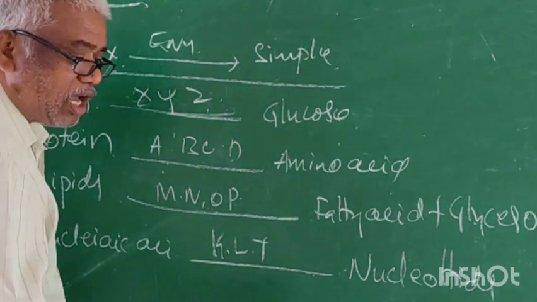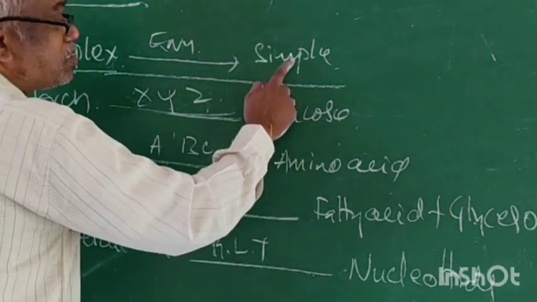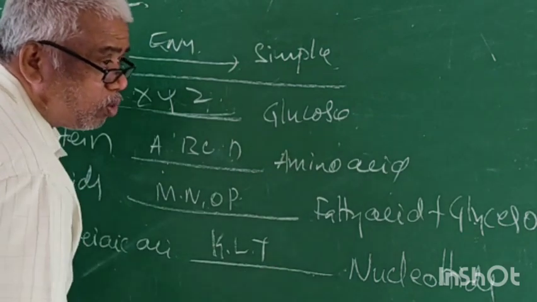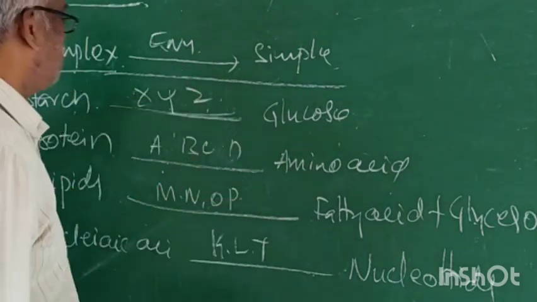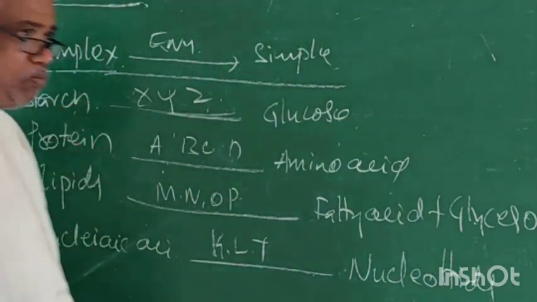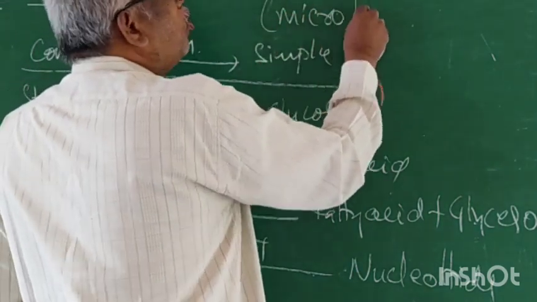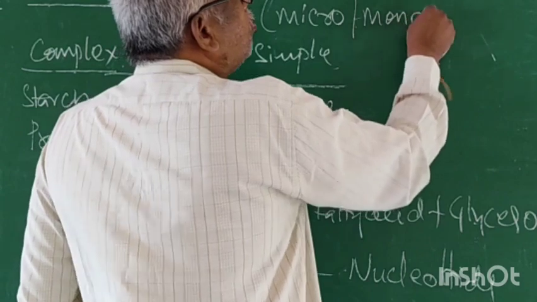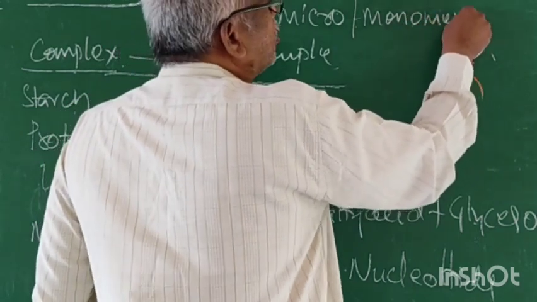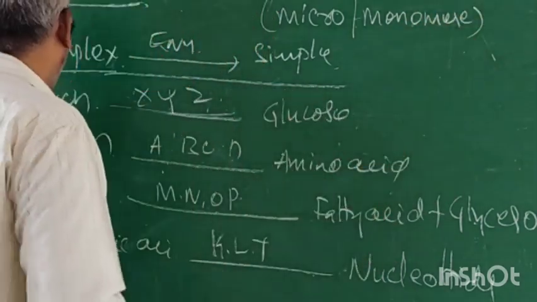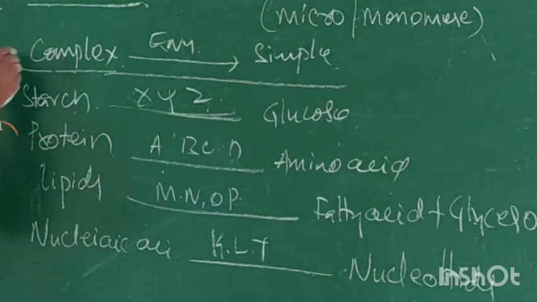If any food is absorbed by the blood, that is called simple, or micro, or monomer. Now what is this complex? Which is also called macro or polymers.